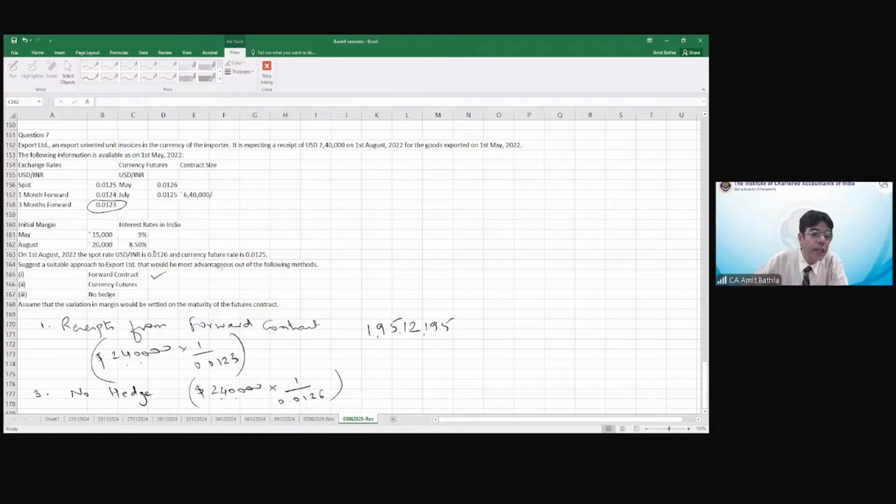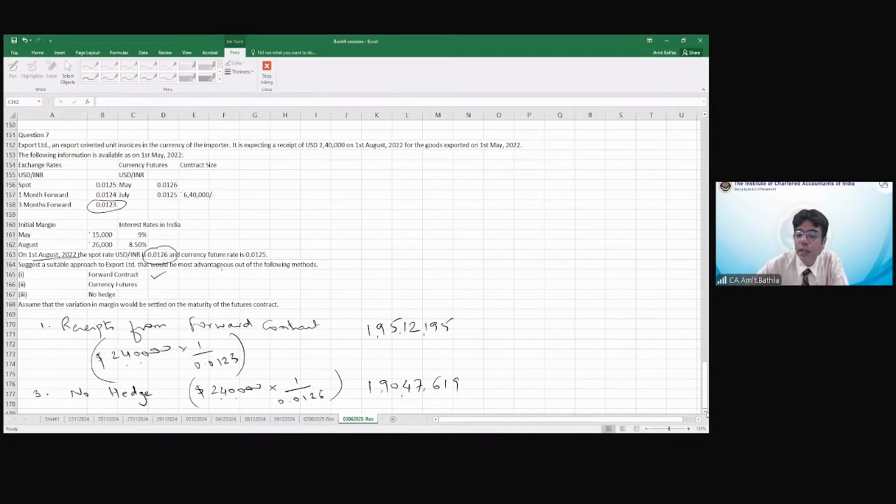From where did I get that? You can see over here the spot rate as on 1st August 2022 is 0.0126. So I will get that rate for no hedge: 1 crore 90 lakh 47,619. All right, so I already have two options covered now.